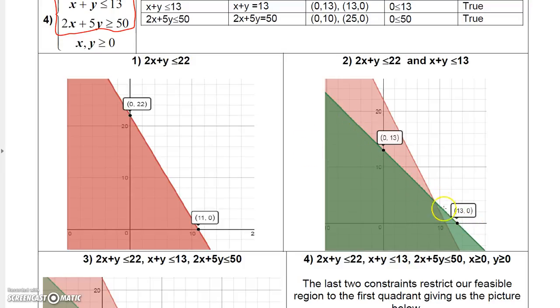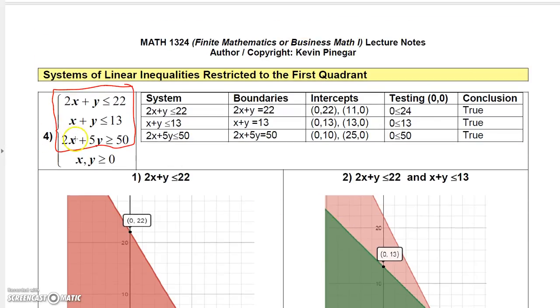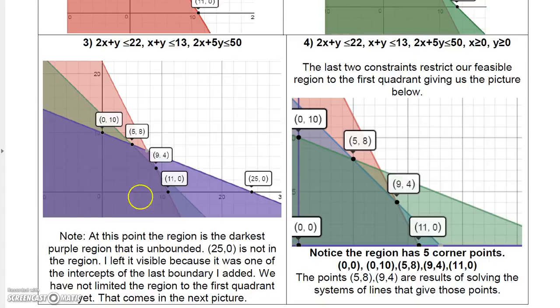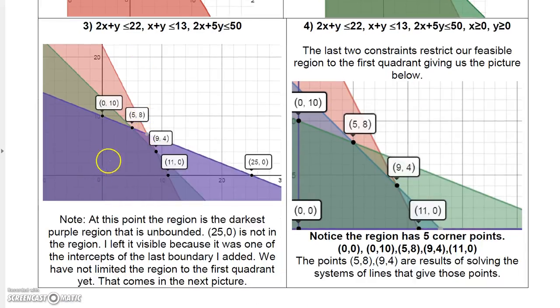So that dark green region would be the region we have so far. And then when you bring in this third inequality, it goes through (0, 10) and (25, 0). So that brings in this purple region, right here to here, and then you shade everything below that.